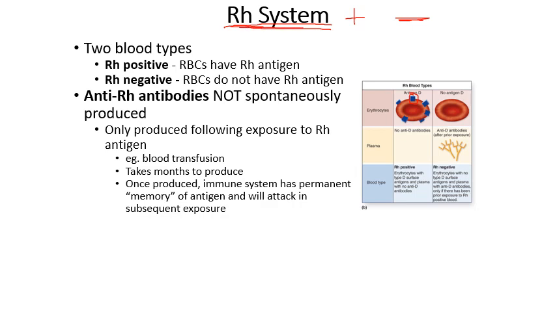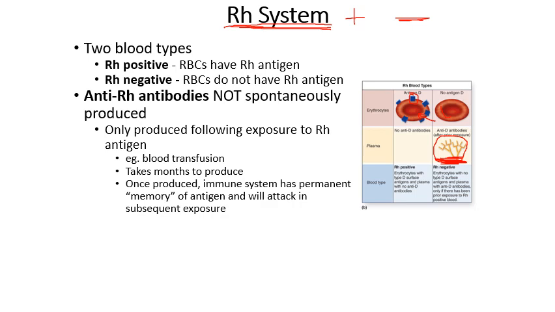With the Rh system, a person that is negative doesn't spontaneously make the antibody. This person's immune system will only make the antibody if they are exposed to Rh positive blood. So you have to see blood before you get the production of these antibodies, whereas with ABO, this just occurs.